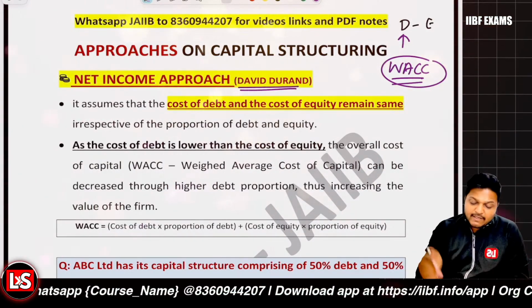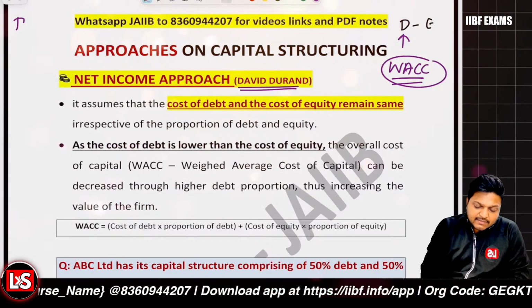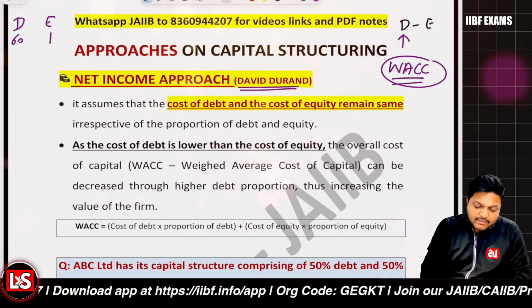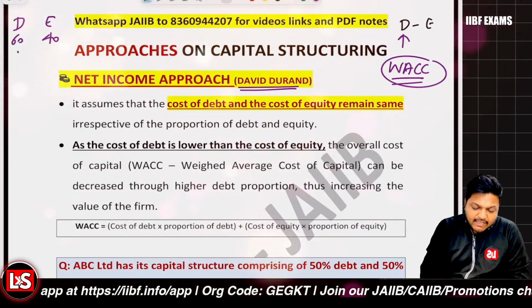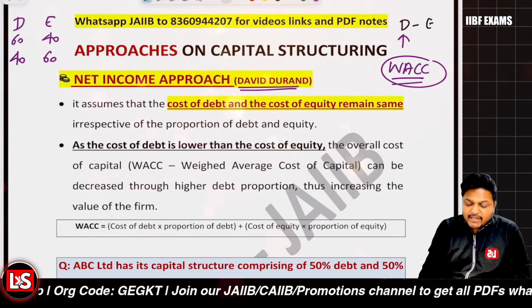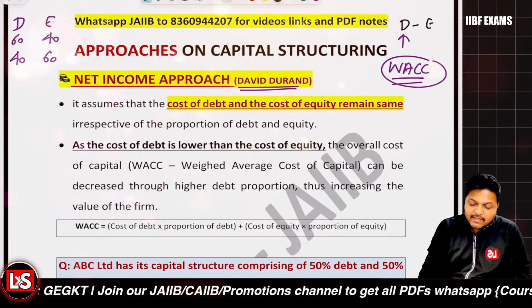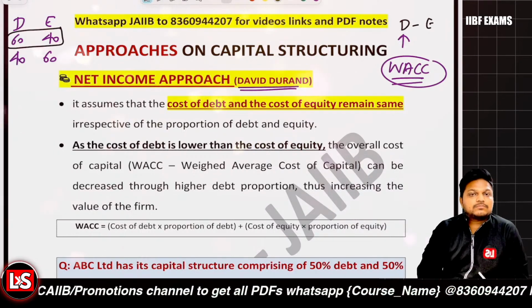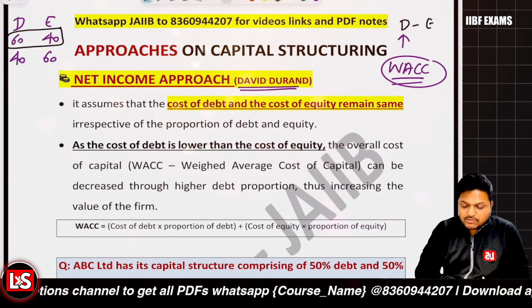So if you have a composition of, let's say, 60% debt and 40% equity, and on the other hand 40% debt and 60% equity, as per the David Durand net income approach, the more the composition of debt, the lesser will be the overall cost. That's it.